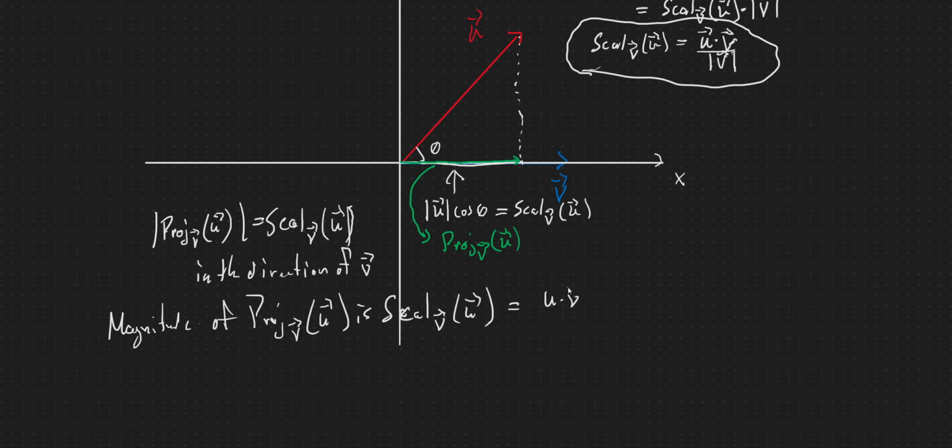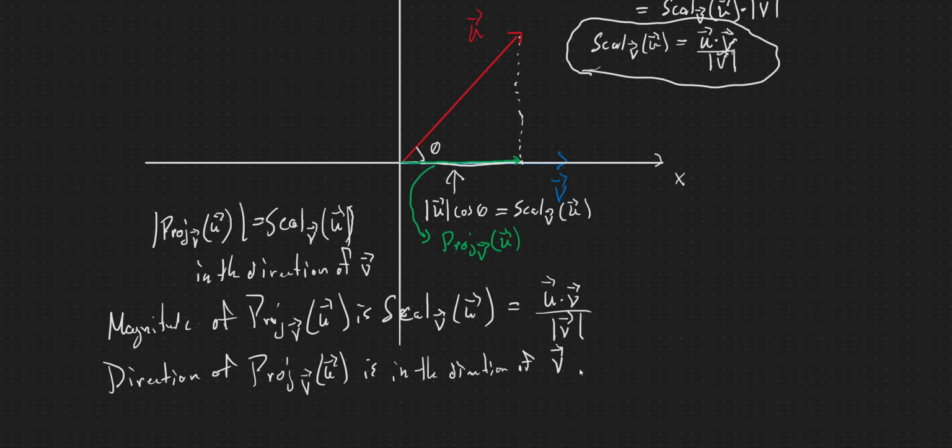And then the direction of the projection of u onto v is in the direction of v. And remember, one way I can specify the direction of a vector is to give you a unit vector that's parallel to v. So this direction, I can write as v divided by the magnitude of v. So this is a unit vector in the direction of v.